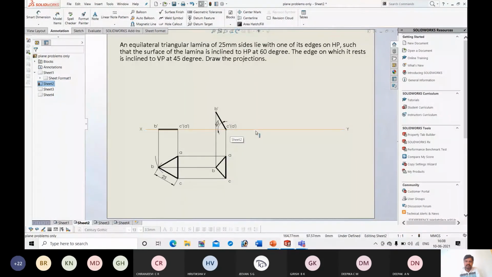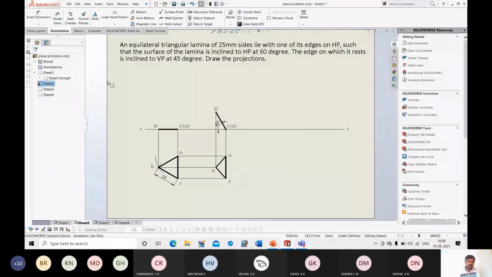But the given condition is that the lamina is resting on the edge AC and should make an inclination of 45 degrees. Now I should rotate this top view such that AC will make 45 degrees.